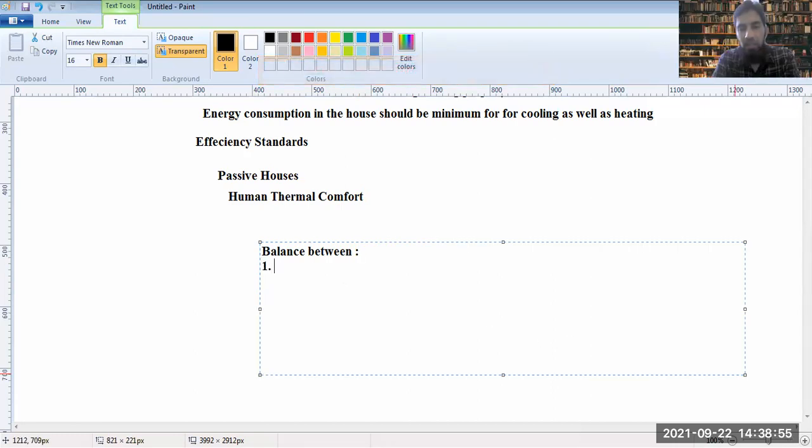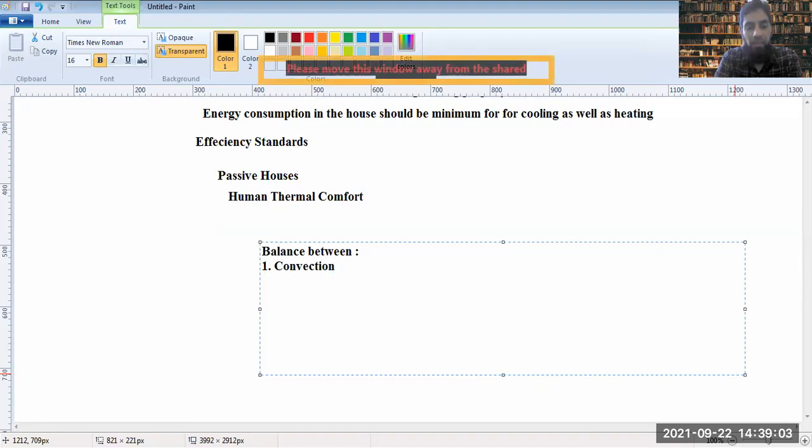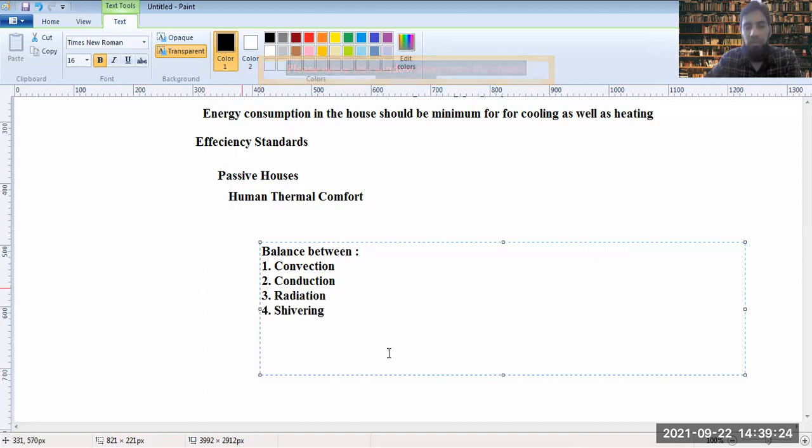कहते हैं उसको तराजू के एक साइड से you have convection happening, you have conduction happening, you have radiation, you have shivering, you have the activity.